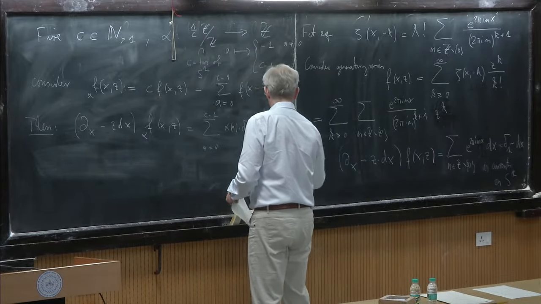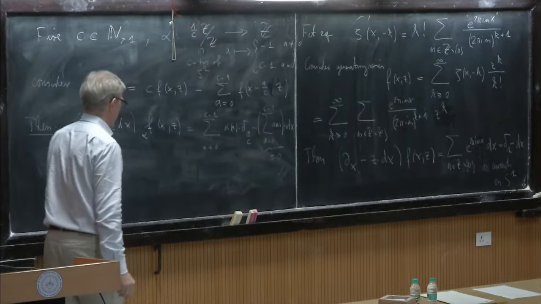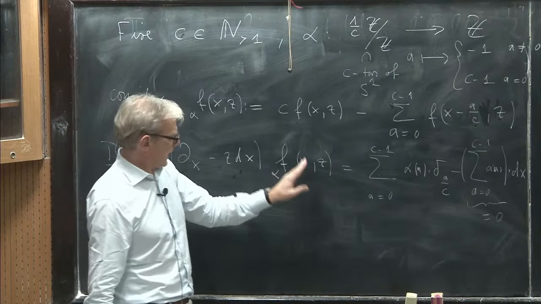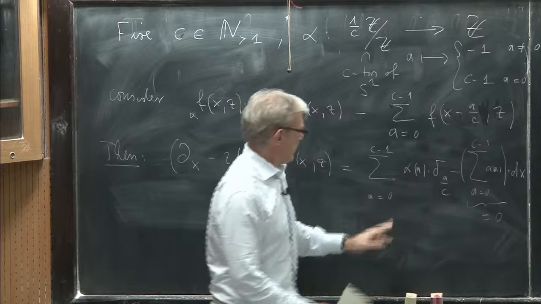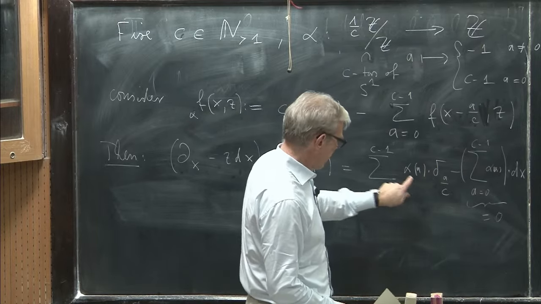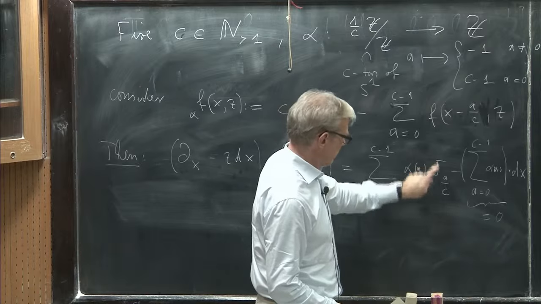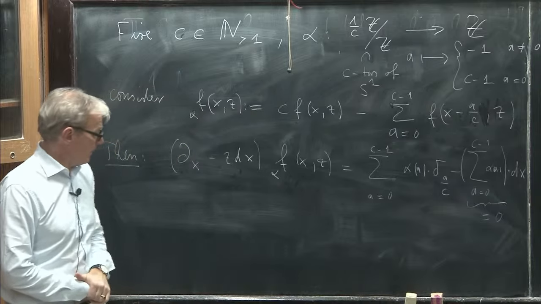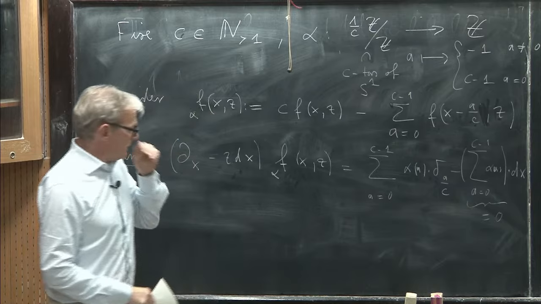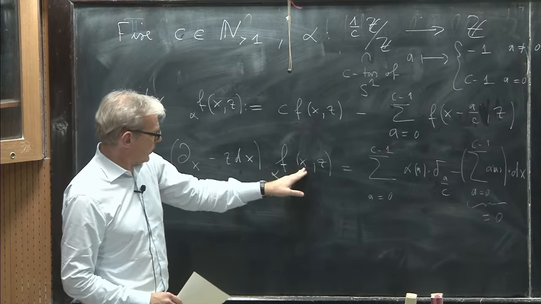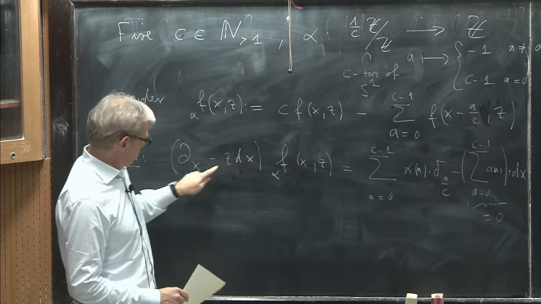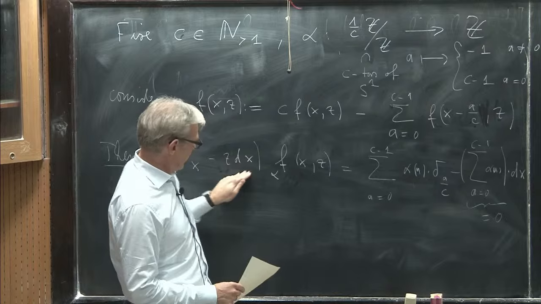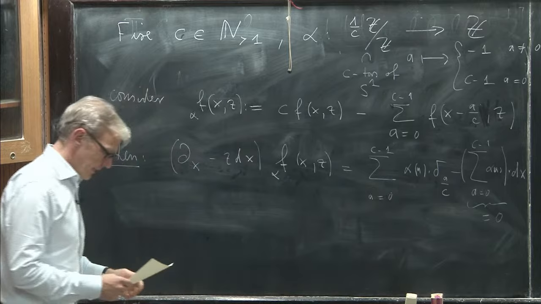And that is 0, so the dx disappears. So we have a differential operator applied to the series, and we get a bunch of delta functions at the torsion points on the circle. This means, as a function on the circle, outside the torsion points it satisfies the differential equation that the differential of this is 0.